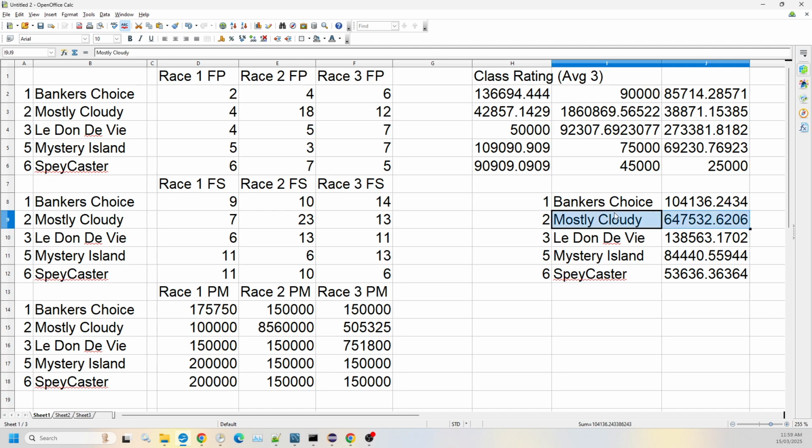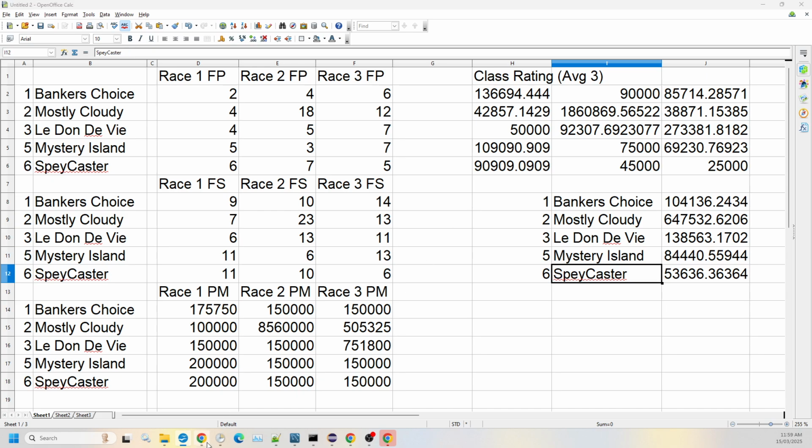So right now, Mostly Cloudy, because of the 2 races that it was in here that were 8.56 and 500,000, has a class rating that is almost 6 times or 5 times the next highest one, which was number 3. So ranking these, we're looking at number 2 being highest, 3 coming second, number 1 being the 3rd highest, then number 5 and number 6.